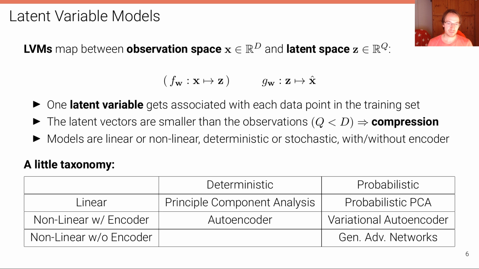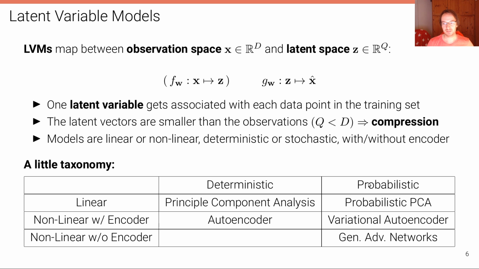So here's a little taxonomy of just a small number of techniques, but very popular and important techniques. There's of course many more, but these are the ones that are relevant for this lecture. We are having deterministic techniques here on the left. Principal component analysis is a deterministic technique that uses linear mappings for F and G. And an autoencoder is a deterministic technique that uses nonlinear encoders and decoders modeled through neural networks.